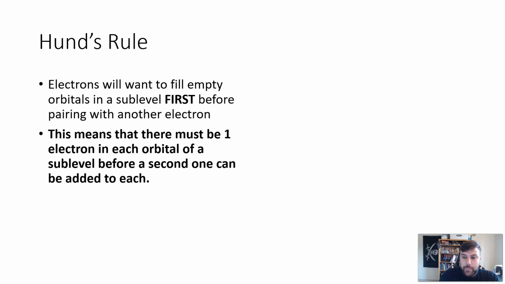So that means as we add electrons going from element to element, and as we fill up those sublevels, the orbitals have to be filled one at a time first. If we're looking at our 2p sublevel, each of those 3 orbitals has to have 1 electron before I go back and start pairing them with another.